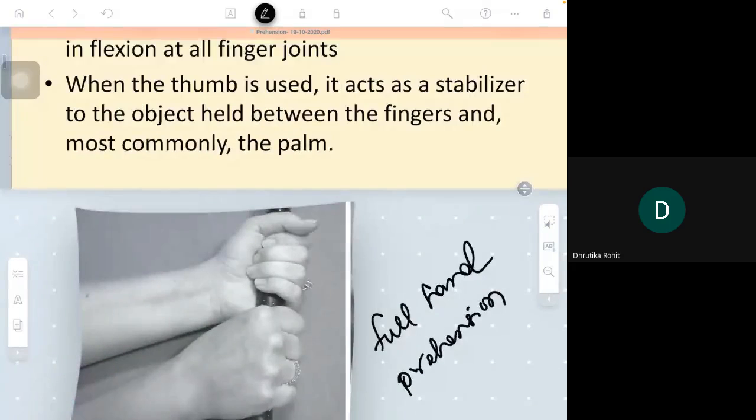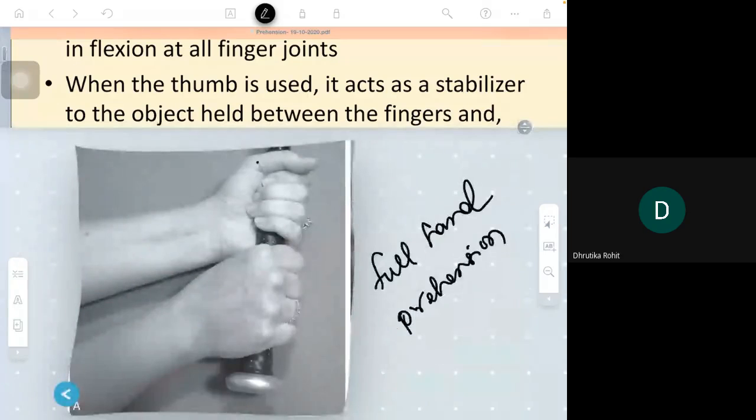When the thumb is used, as I have told earlier, it may be involved or it may not be involved. In some cases the thumb participates, and in others it does not. When the thumb is used, it acts as a stabilizer to the object held between the fingers and, most commonly, the palm. If you take the thumb out of the grasp, it does not make any difference.